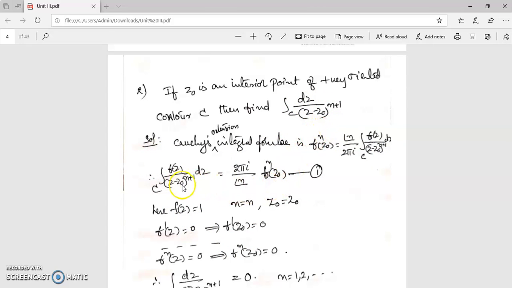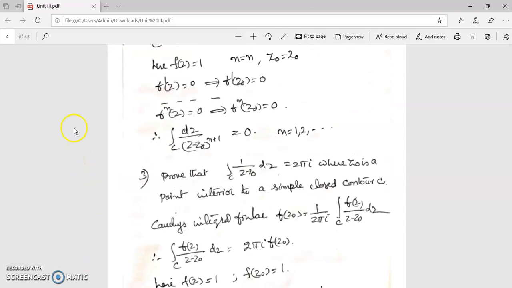here fz is equal to 1, and n is equal to n, and z naught is equal to z naught only.